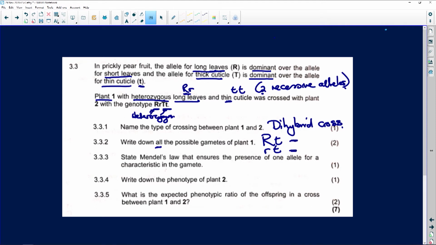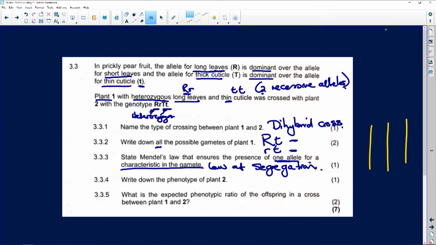Right, now state Mendel's law that ensures the presence of one allele for a characteristic in a gamete. And that law is your law of segregation. Segregation. Okay, remember your little Punnett square for your monohybrid crosses?